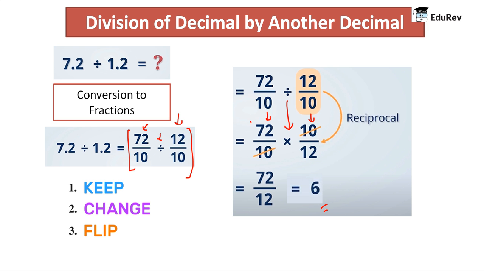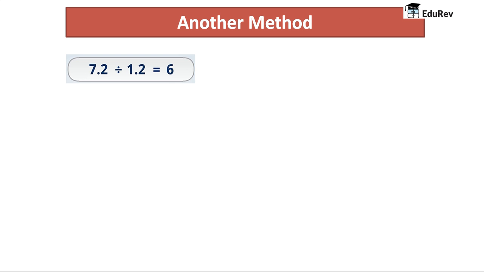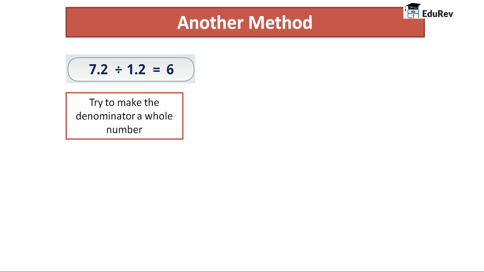We can follow another method also. In this another method, we will try to make a denominator a whole number. What we will do? We will write 7.2 divided by 1.2 as 7.2 by 1.2.